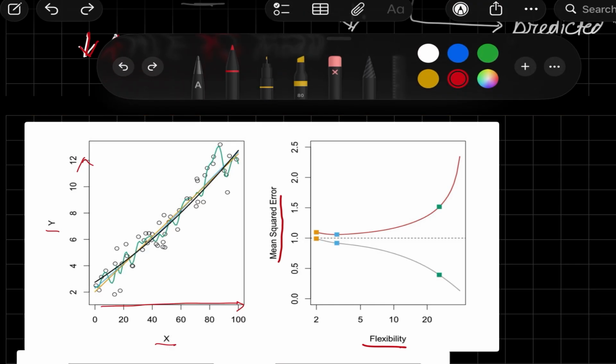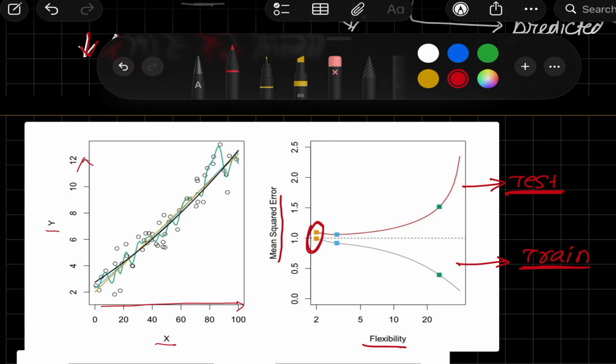What we can see here is that this is train and this is test, so this is training MSE and this is testing MSE. What matters more is the trade-off between testing and training MSE. If we see the yellow line, which is showing a linear line, the yellow model.